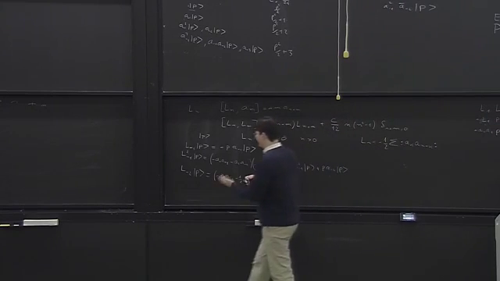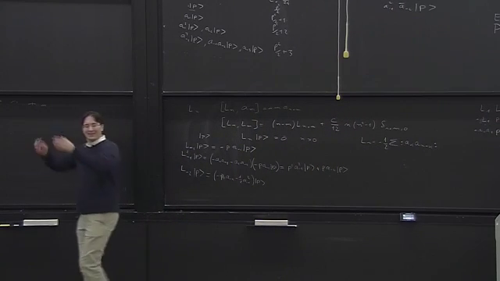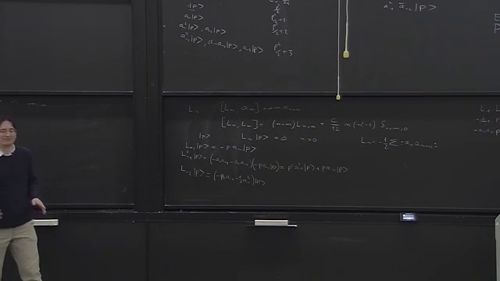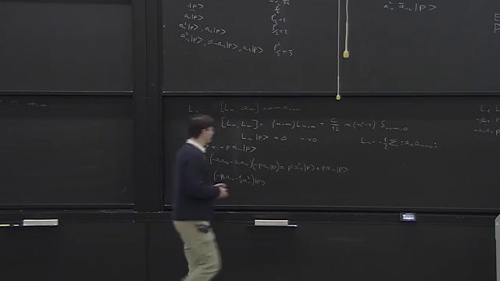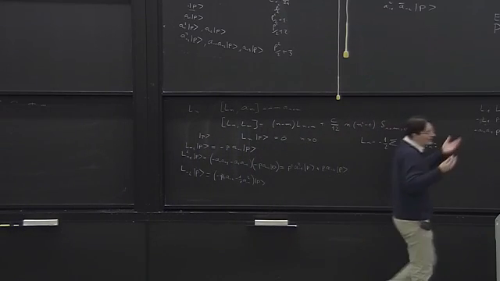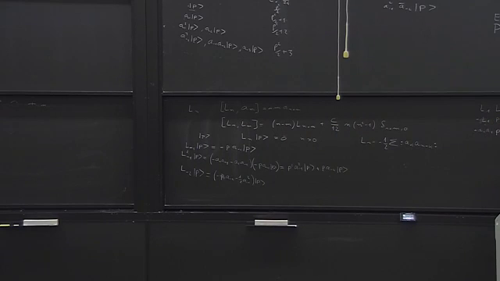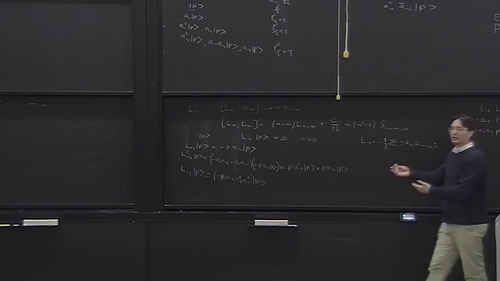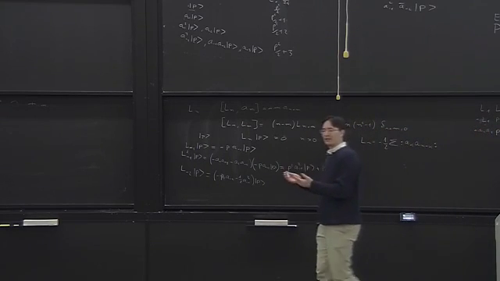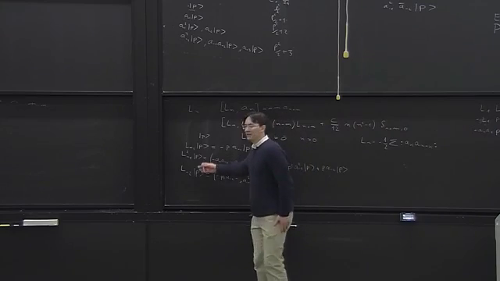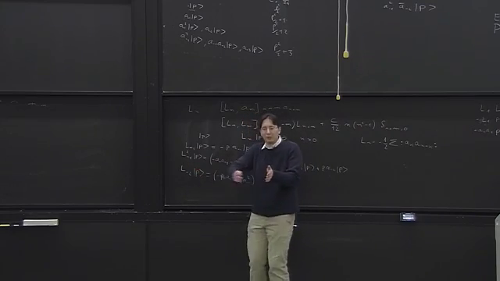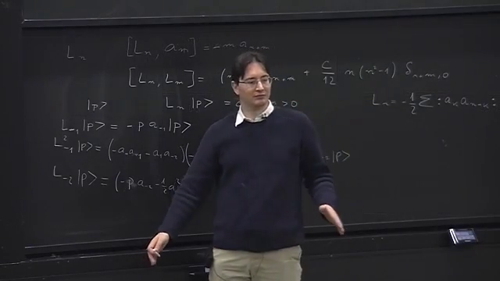So unless some miracle happens, you expect these two things to coincide. But for special values of the momenta, perhaps these two can actually not coincide. So what can happen is that acting with L's, I actually don't populate the whole tower.